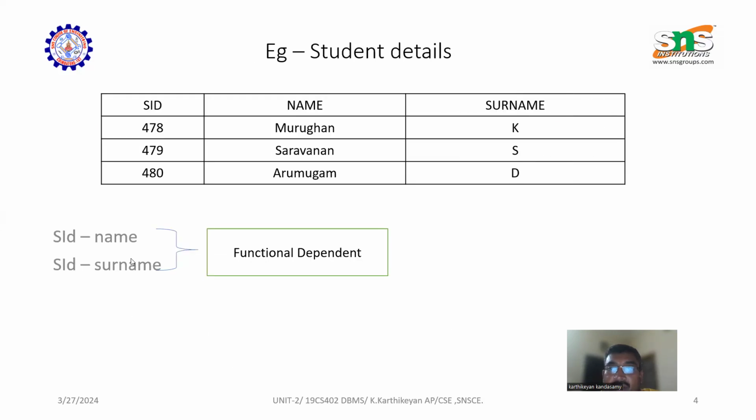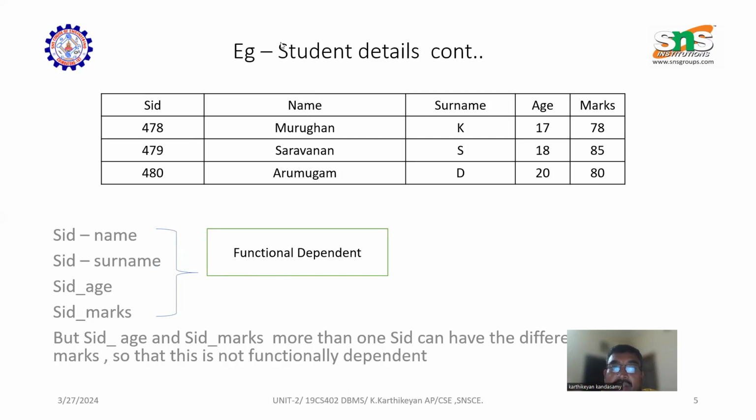This is another example: student ID, name, surname, age and marks. The student ID determines name and surname, and also age and marks.